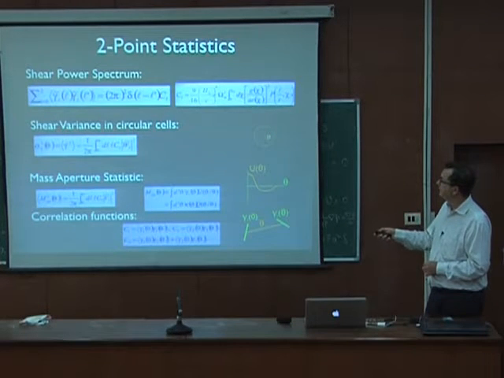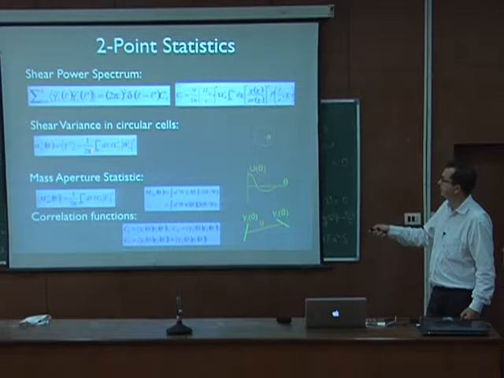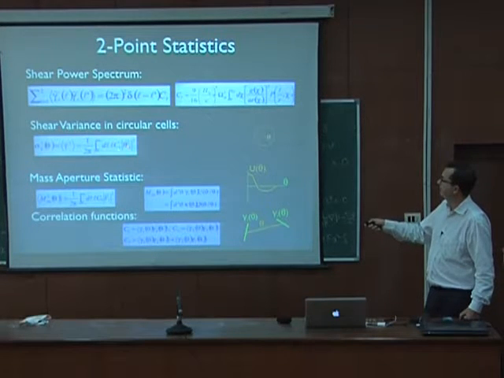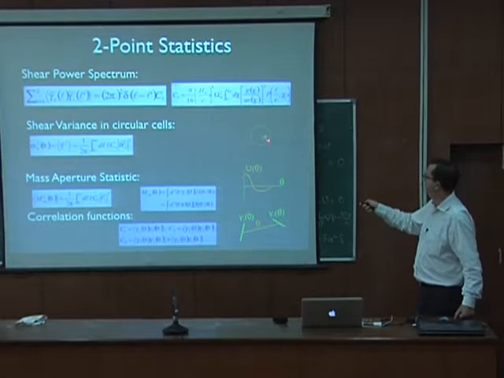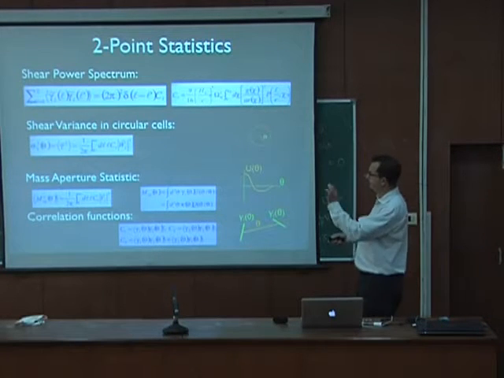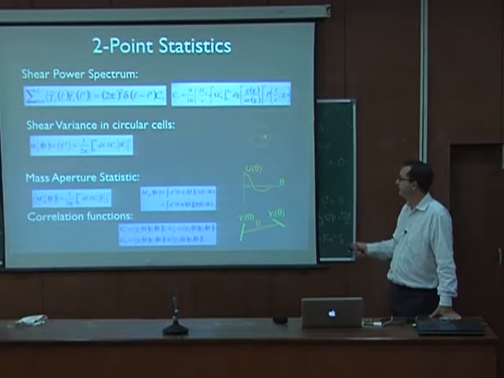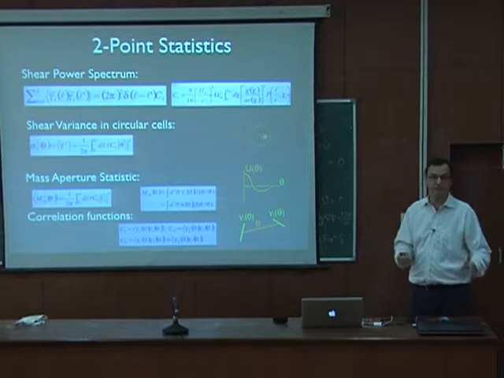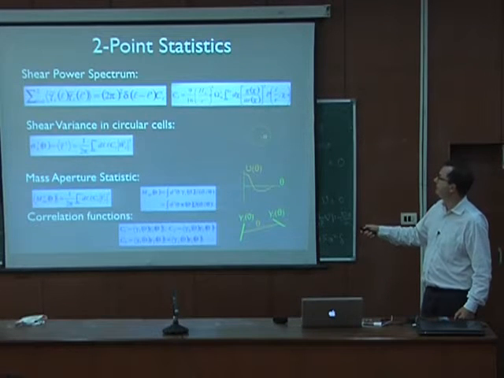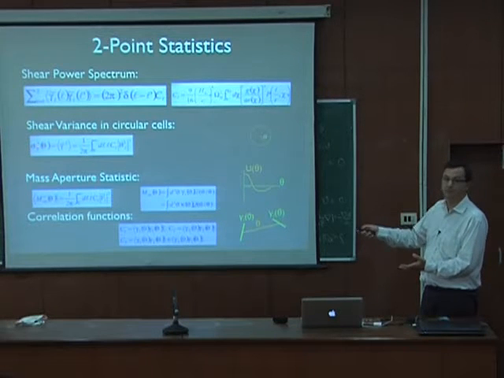There's a nice relationship between the power spectrum and this so-called shear variance in circular shells. It's basically an integral of the power spectrum over L with some weight function, which is the Fourier transform of a circle. And this has the advantage, so it's no longer used very much, but when we had very little signal because our area of survey is very small, the advantage is that we're basically averaging over many Fourier modes, so we're getting more signal for a given theta.